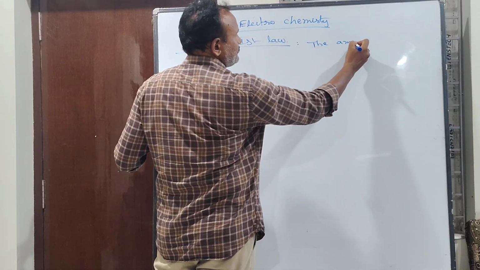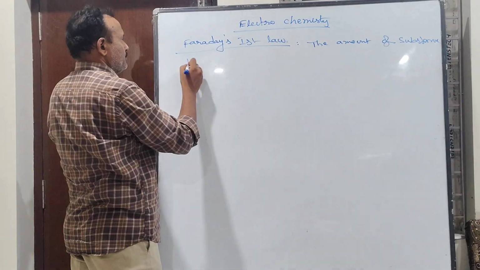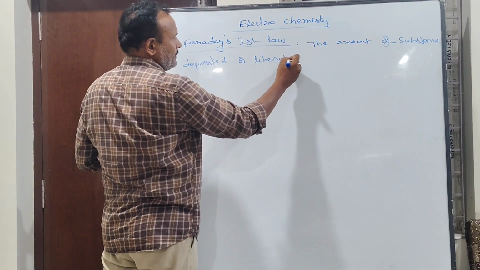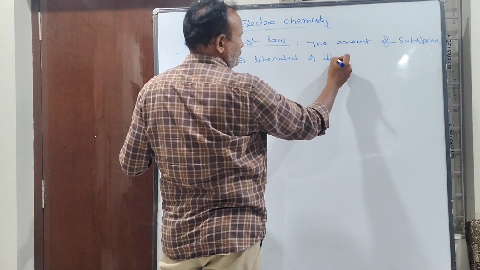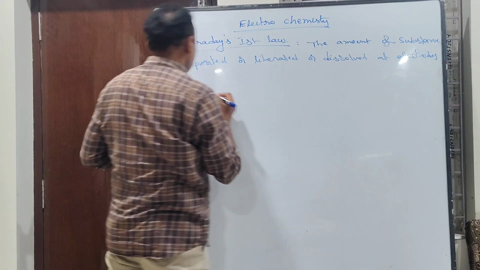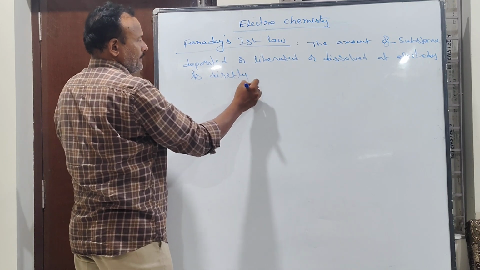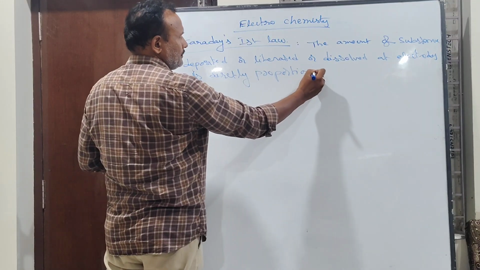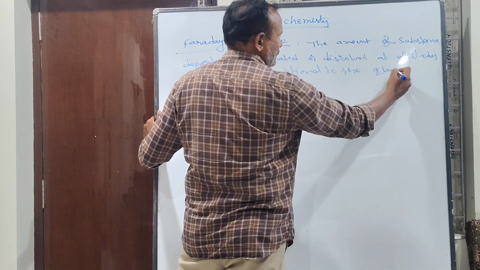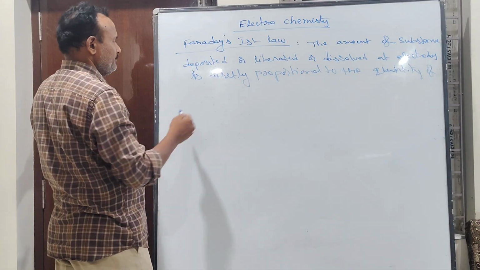The amount of substance deposited or liberated or dissolved at electrodes is directly proportional to the quantity of electricity passed through it.